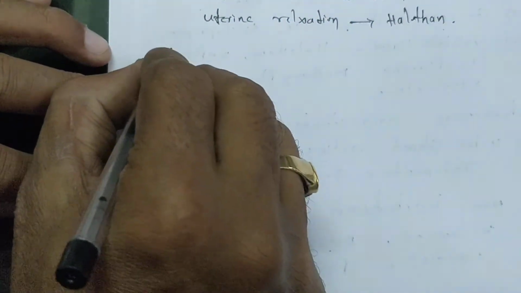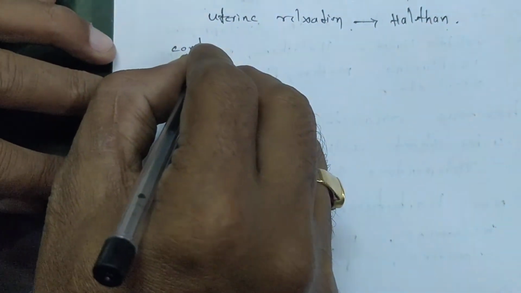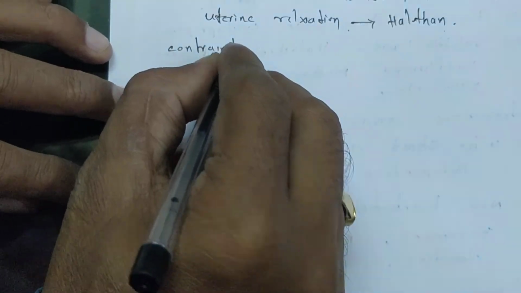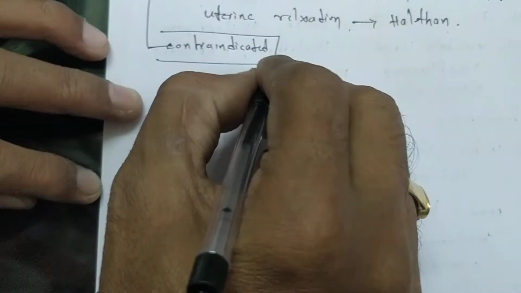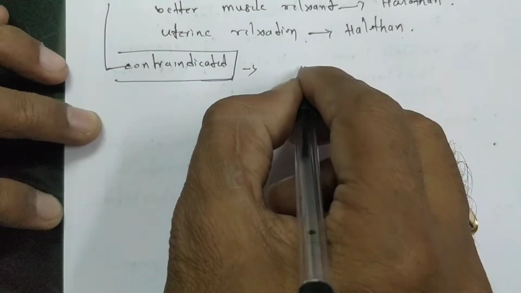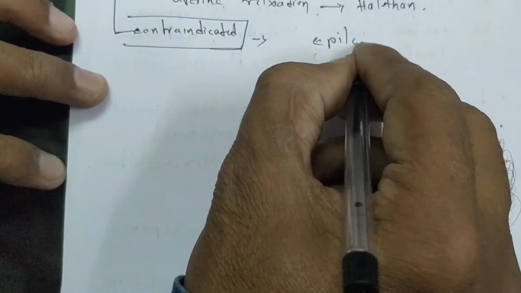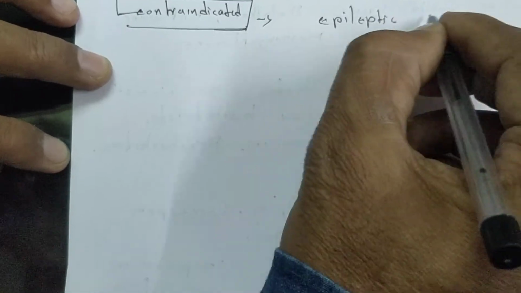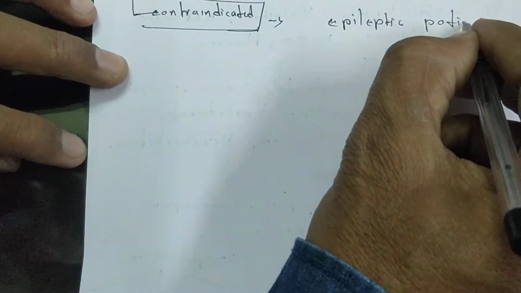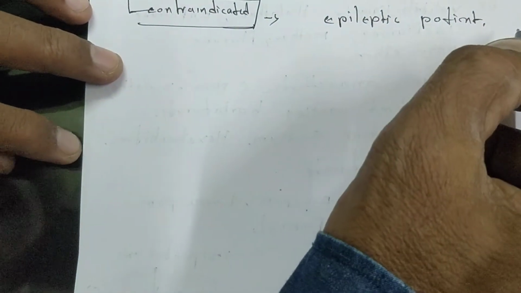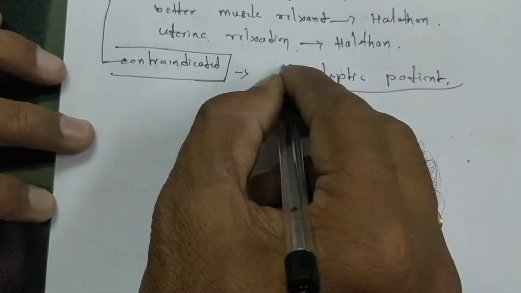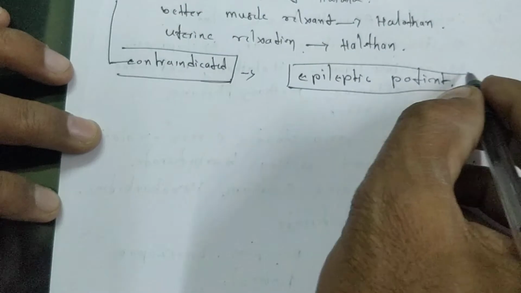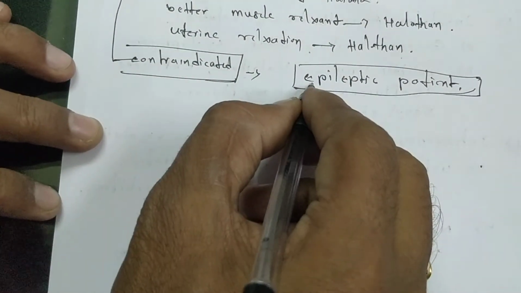It is contraindicated. Enflurane is contraindicated for epileptic patients. Patients having epilepsy, convulsions or seizures should never be given enflurane.